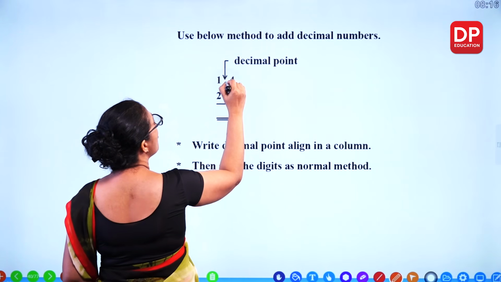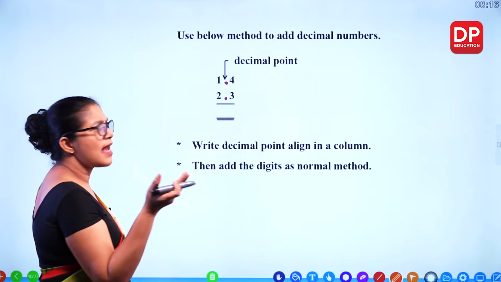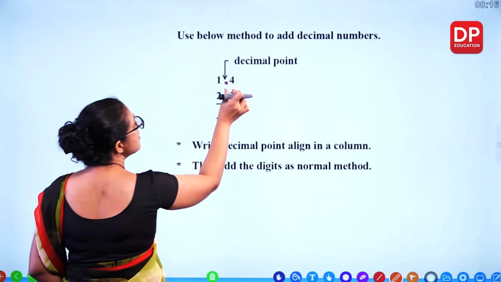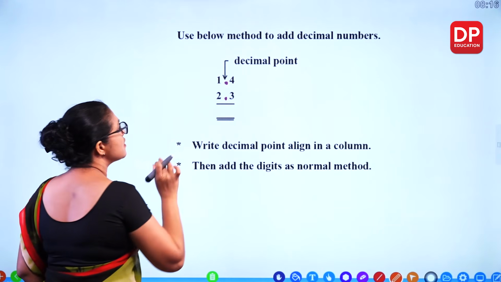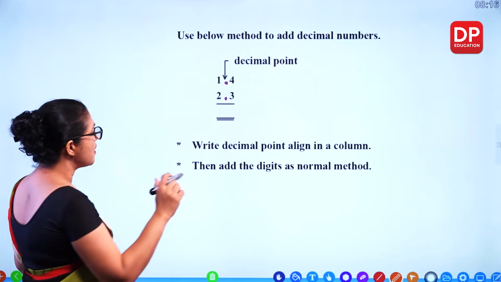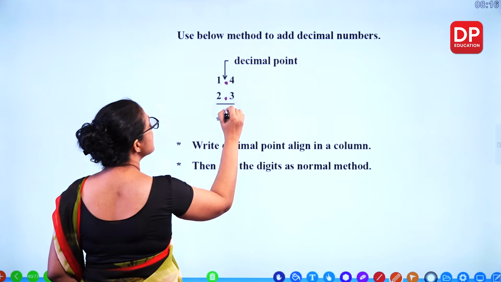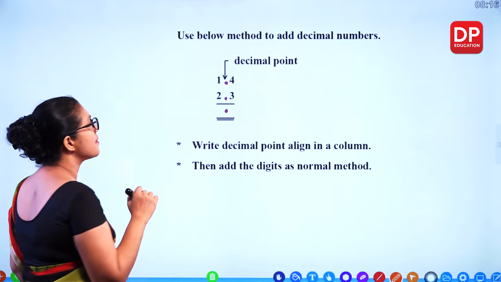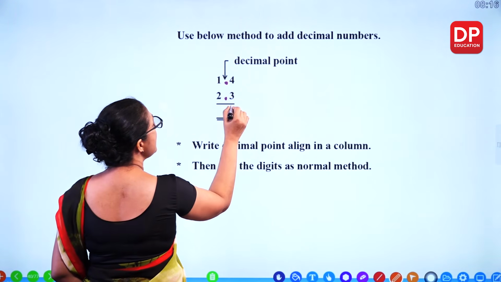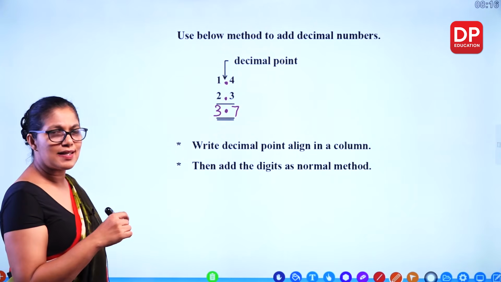Now we can just add like normal addition. Ones place together and then tenths place together. And then the most important thing is you have to put the decimal point at the correct place. Now we'll add 4 plus 3, 7. 2 plus 1, 3. So you get the same answer, 3.7.